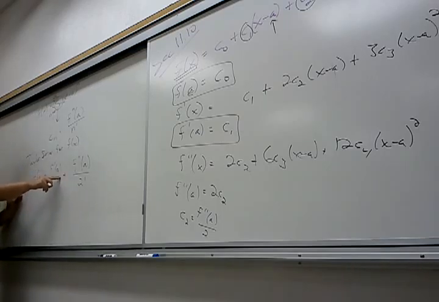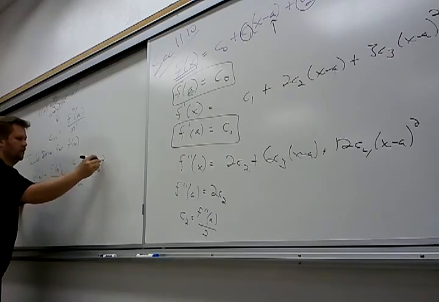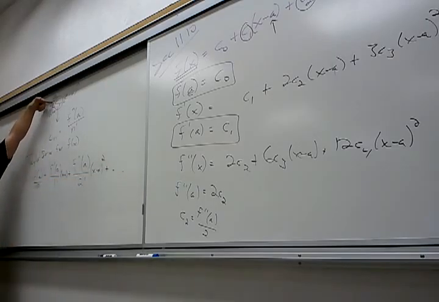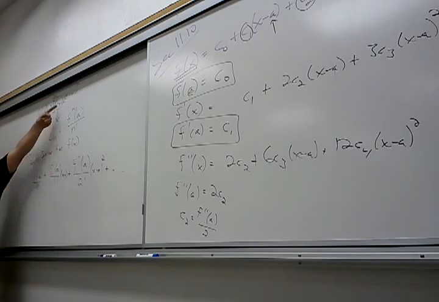And what am I missing in here? Those are my constants. I need my little x minus a squared. Got too focused on the constants. Do you guys see how that's just this written fully out with the Cns in there now? I know what the Cns are. I know what the constants have to be so that all the derivatives match up. So I just throw them into the formula.